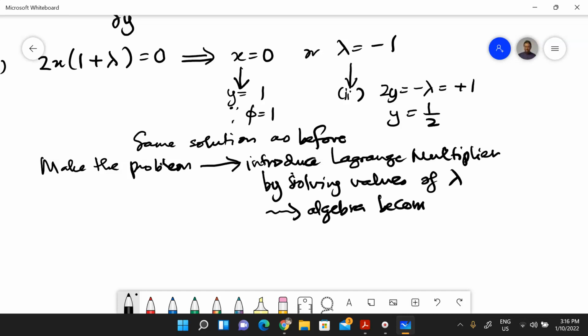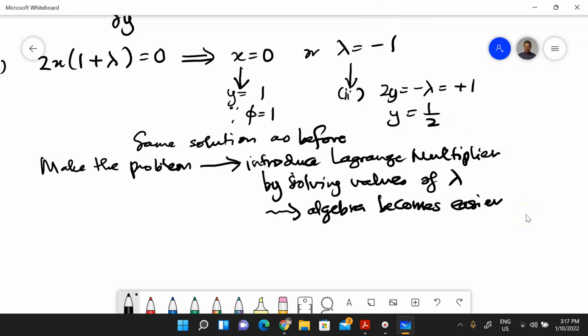Now it doesn't really become apparent in this particular problem because the problem is quite simple, so we need to demonstrate this a little bit more using a different problem. So let's move on to that.